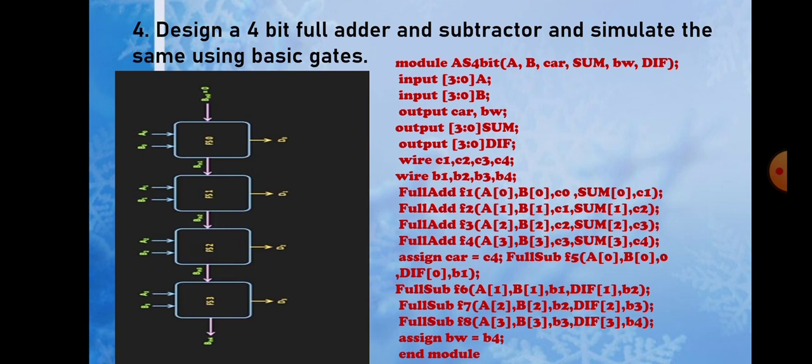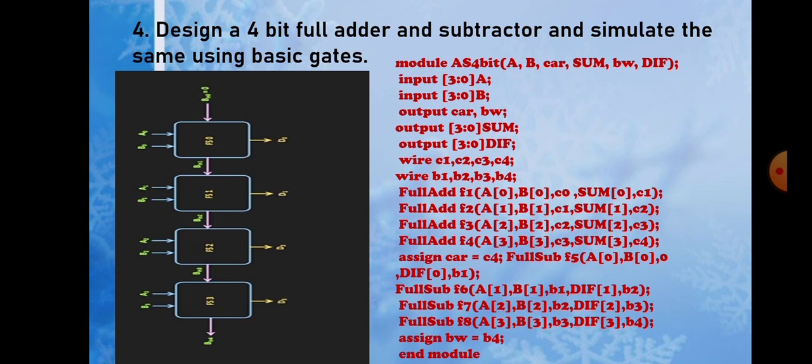Full adder F2, A1, B1, C1, sum of 1 and C2. Full adder F3, that is A2, B2, C2, sum of 2 and C3. Full adder F4, that is A3, B3, C3, sum of 3, C4. Assign carry out equals C4.